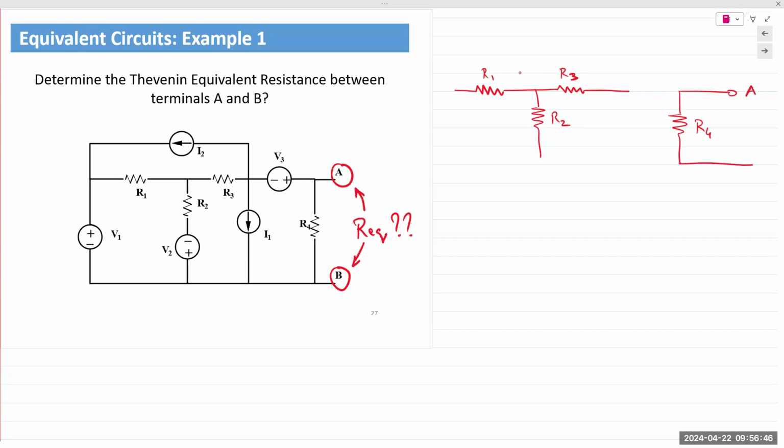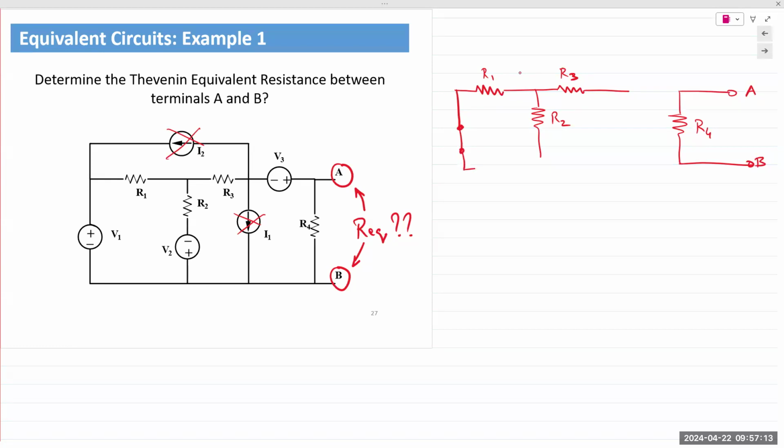A and B. Current sources I1 and I2 are removed, meaning you can draw out the wires or you can just leave it empty. Okay, so they leave behind an empty space. I will draw it out actually just to show or indicate where it was connected.